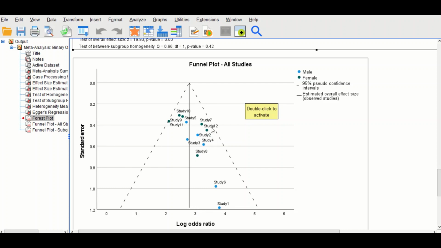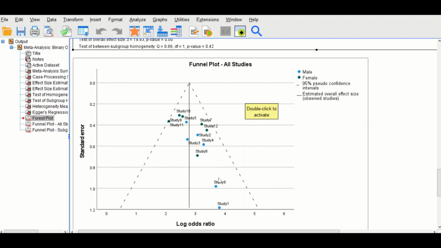The objective of this plot is to show whether there is a publication bias, and for the lack of publication bias, the distribution of the effect size or the odds ratio for the studies should be equal on both sides of the line, above the overall odds ratio and below it.